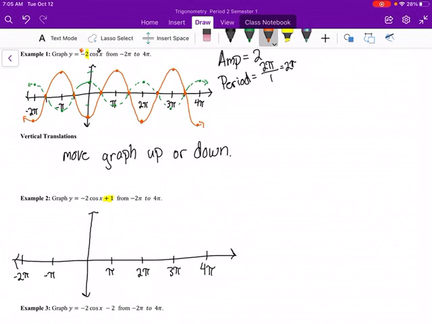So because we already have it drawn on the top, we don't need to redo it again. We're just going to be moving it up 1 space though. So our first point was originally at -2. Now it is going to move up 1, so it's going to move to -1. And then our second point was at 0, so now that one's going to move up to a 1.